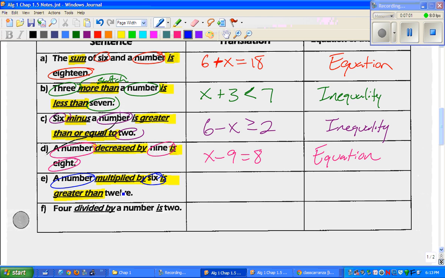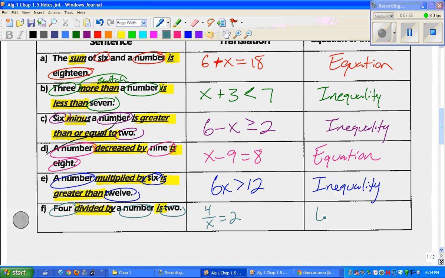Remember, it's multiplication, so the number comes first. It is greater than 12. And since we've got that sign, it's an inequality. And the last one, those are our key words. 4 divided by a number is 2. We've got the equal sign, so that makes it an equation.